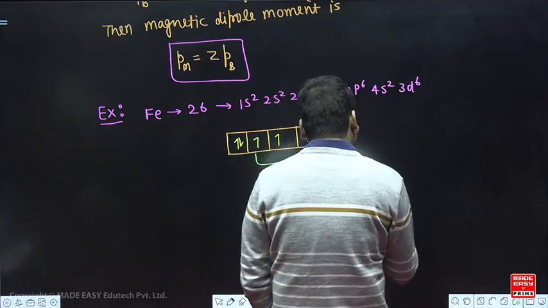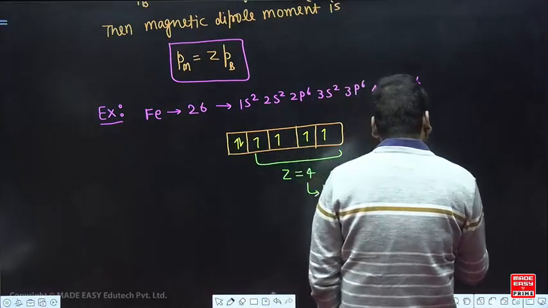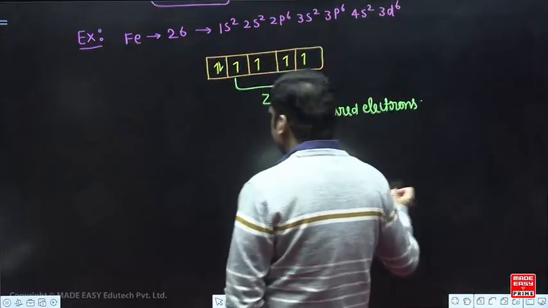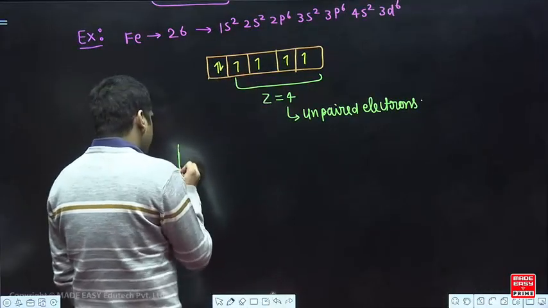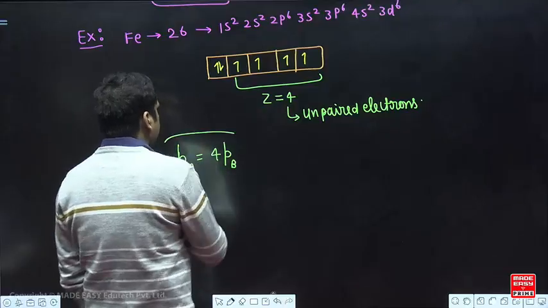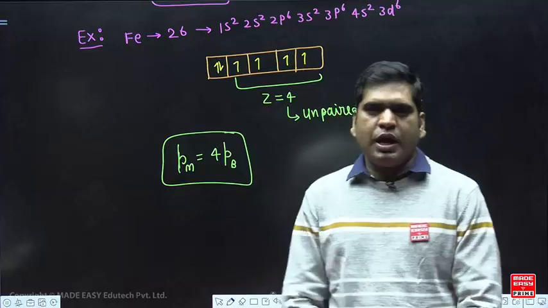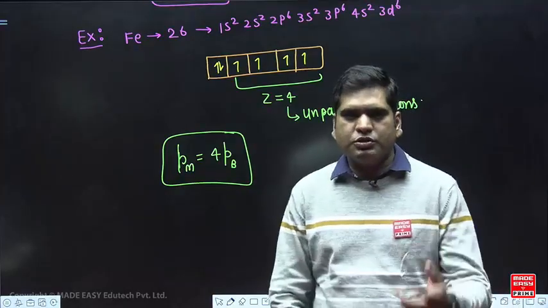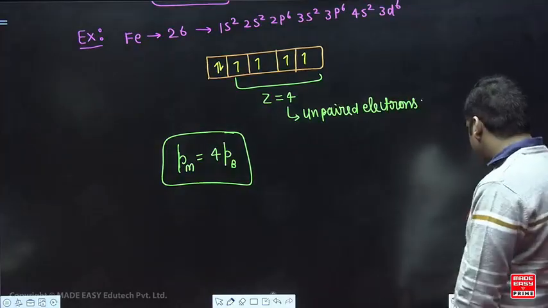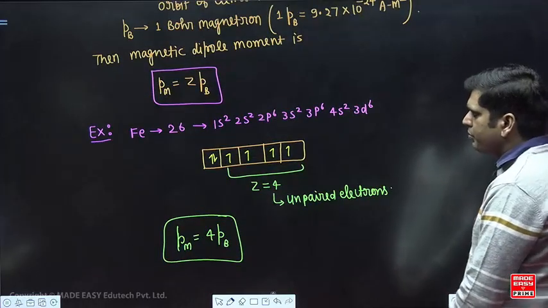So you have 4 unpaired electrons, and then the permanent magnetic dipole moment Pm is equal to 4 Bohr magneton. Sometimes they ask a question: one electron will have how much magnetic dipole moment? It is equal to 1 Bohr magneton. So if there are 4 unpaired electrons, they will have 4 Bohr magneton.